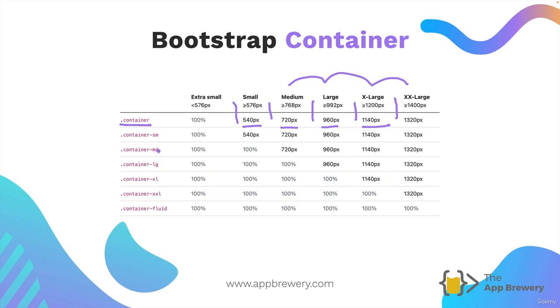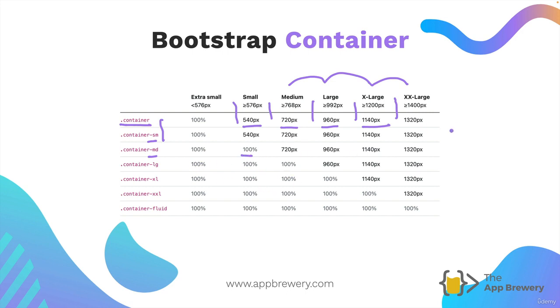You can use the dash plus these different letters to specify at which point you want your container to be 100%. Container SM is the same as the normal container, but container MD or medium means that on small screens, the container would already reach 100% of the width of the screen.